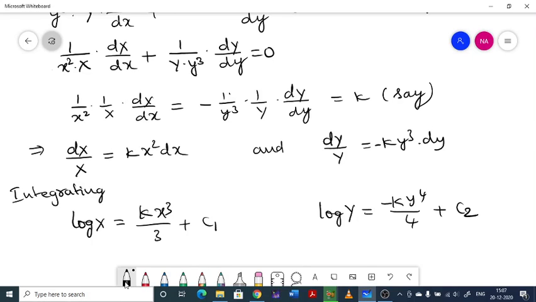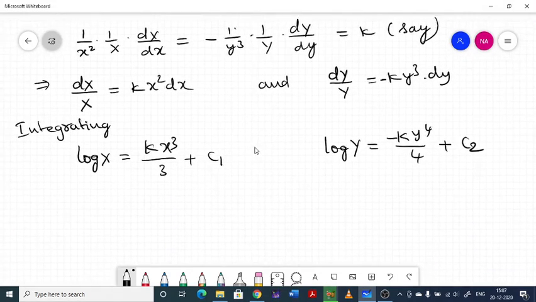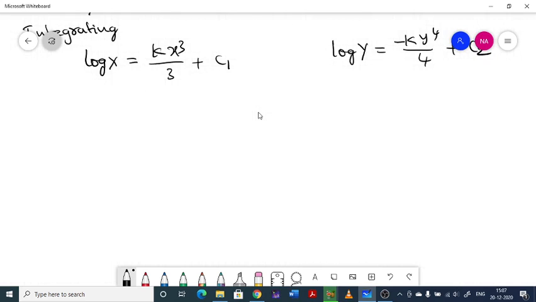Now taking exponential on both sides, capital X equal to e power k x cube by 3 plus c1, and here capital Y equal to e power minus k y power 4 by 4 plus c2.